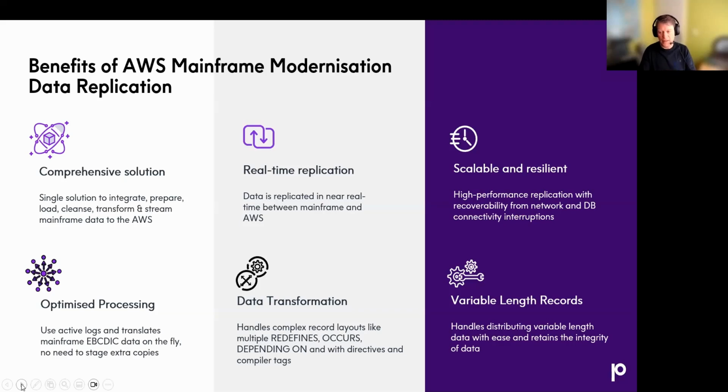I can load the data after they are prepared. Then I can do additional operations, like maybe I need to cleanse that. I need to check the quality of the data. Maybe there are certain characters that are normal on the mainframe, but are not really beneficial for my cloud applications. And I can tell you a lot of stories about that. And then I can transform and stream my mainframe data actually to AWS. That is all of that within one single solution.